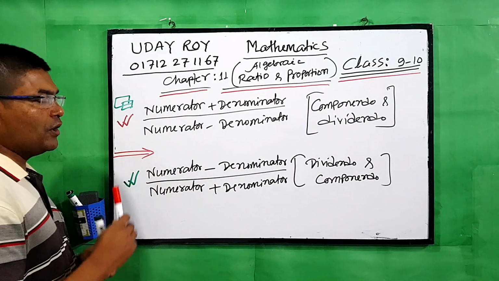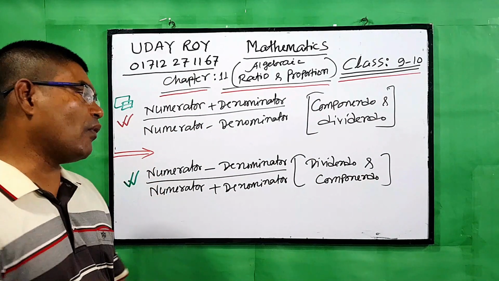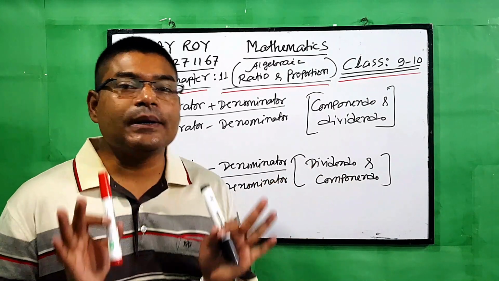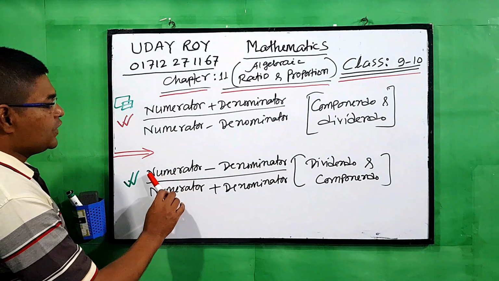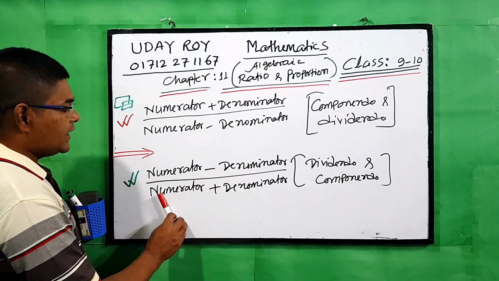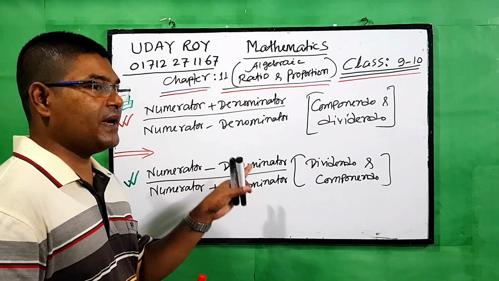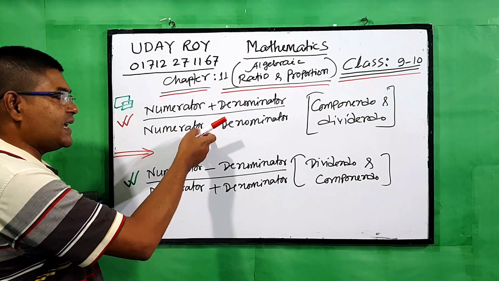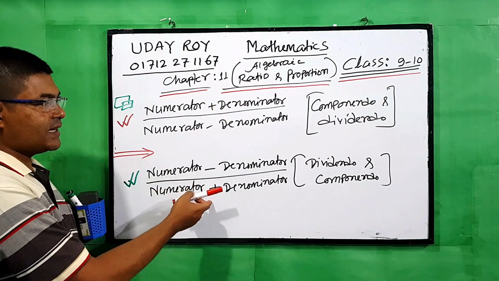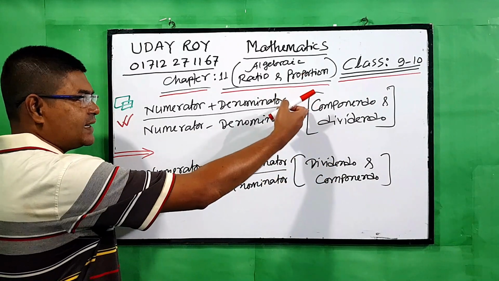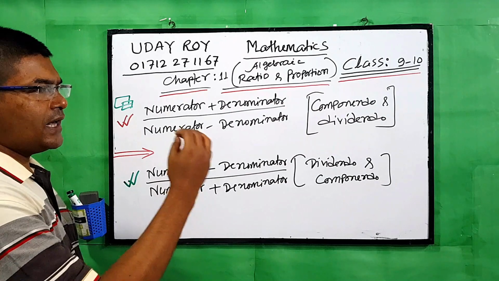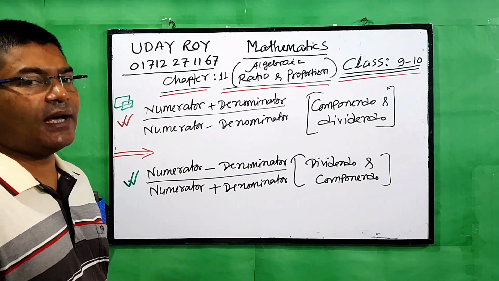But in the opposite order, dividendo and componendo, you have to see numerator minus denominator, numerator plus denominator. Be careful. Here is plus, here is minus. But here is minus, here is plus. Because here is dividendo, here is componendo, and here is componendo, here is dividendo. You have to be careful about the method.